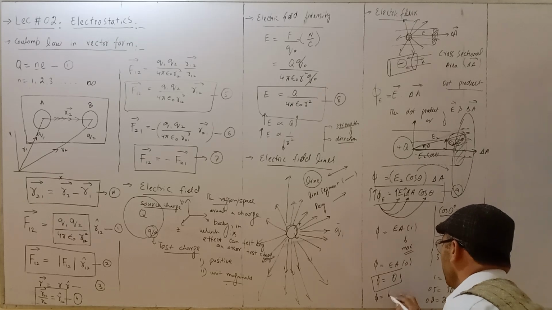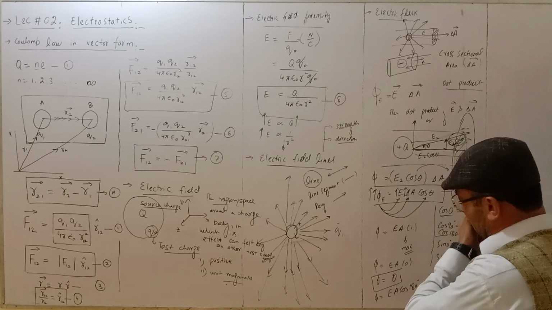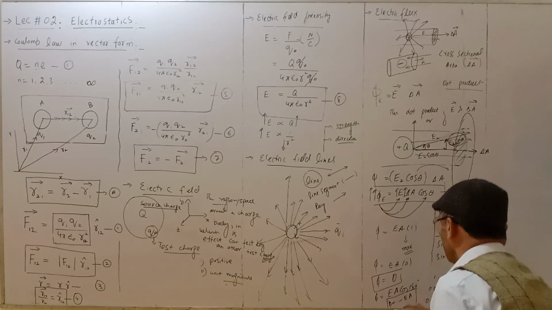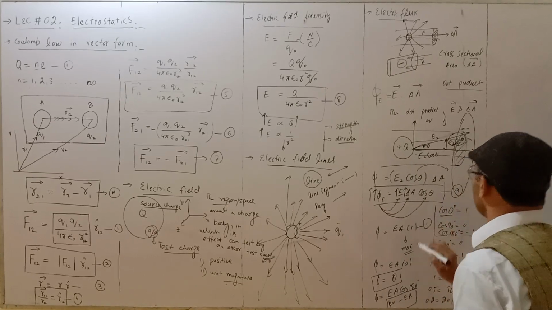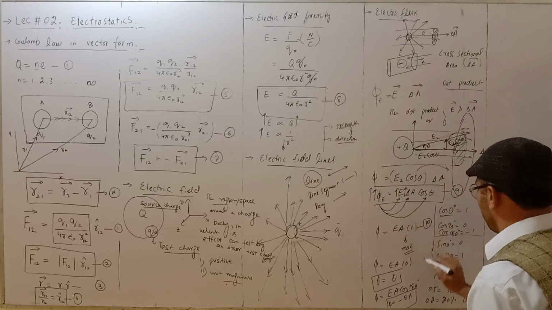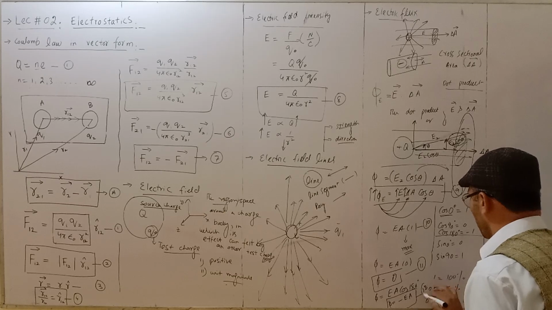So here EA cos 180 is equal to -1, so the result is -EA. In this way I take equation number 10, 11 and equation number 12.